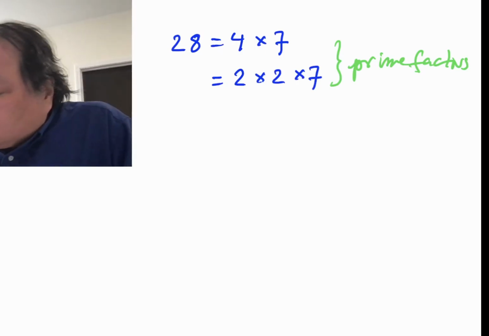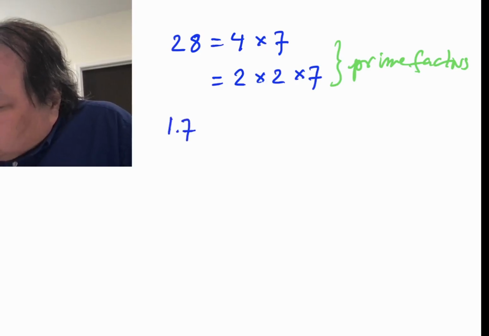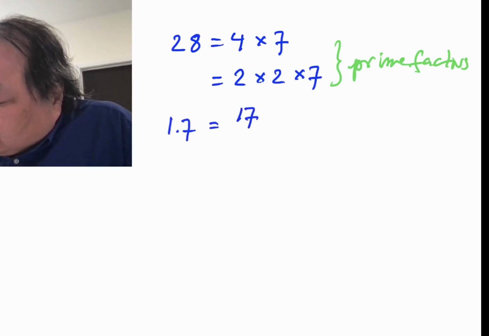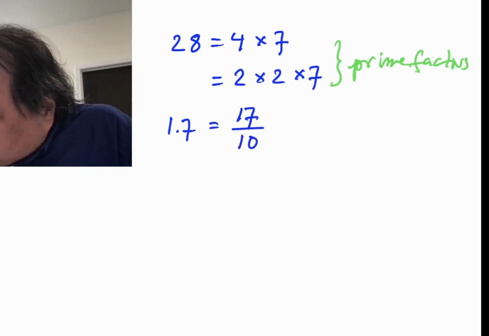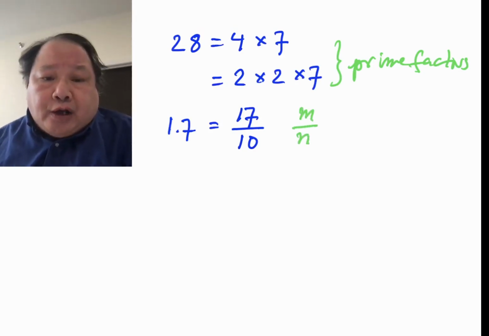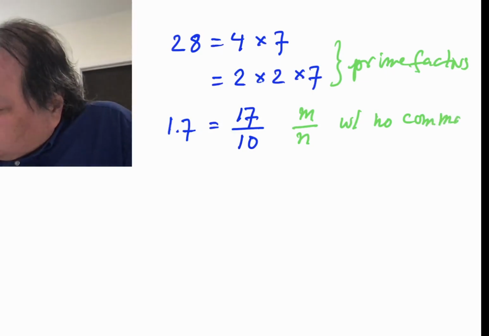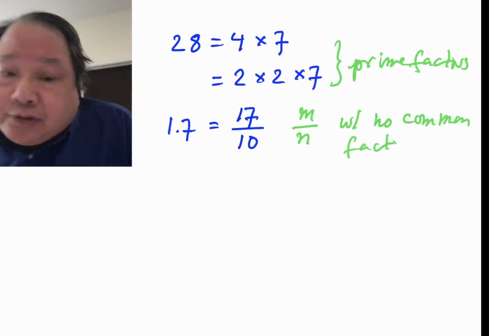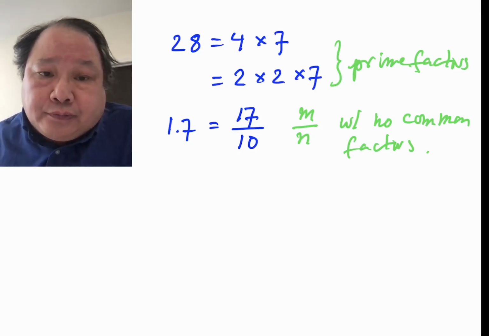He also needed to explain that 1.7 is 17 divided by 10, and these are whole numbers with no common factors, because in a fraction, all common factors can be canceled.